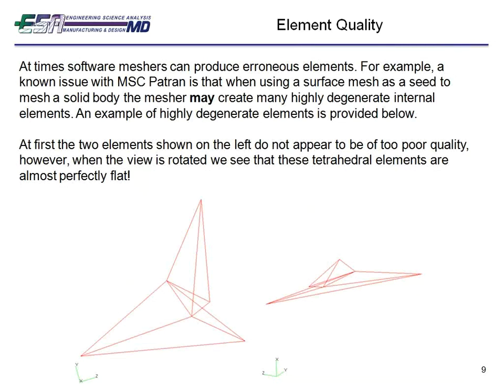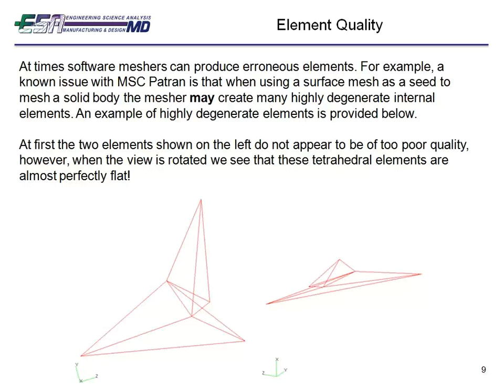So at times, software meshers can produce erroneous elements. For example, in Patran, if you're trying to seed a solid mesh with a shell mesh on one of the surfaces, it's possible for the mesher to create some highly degenerate elements. For example, I included two pictures.